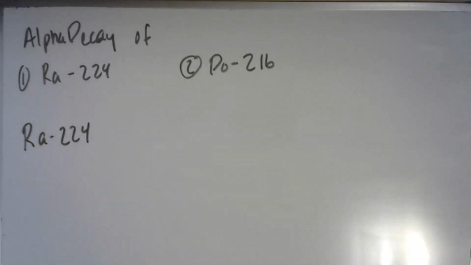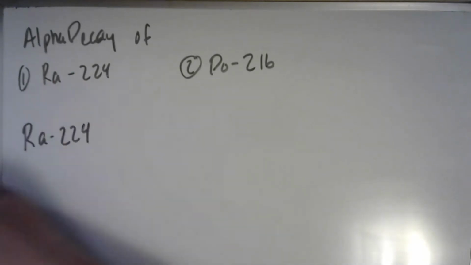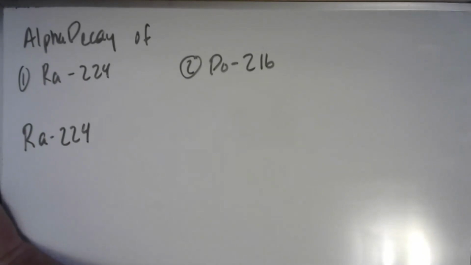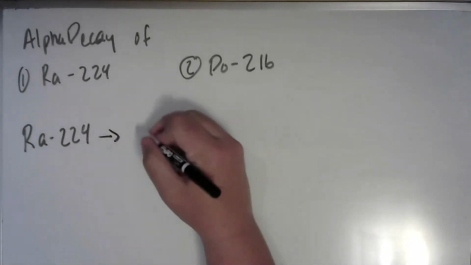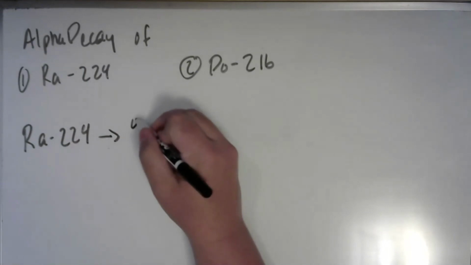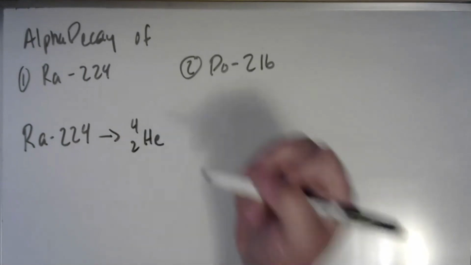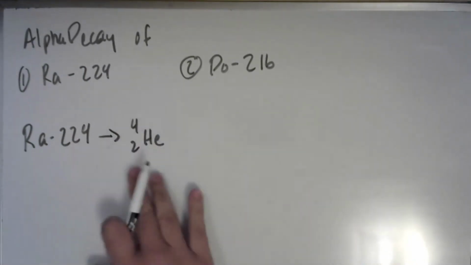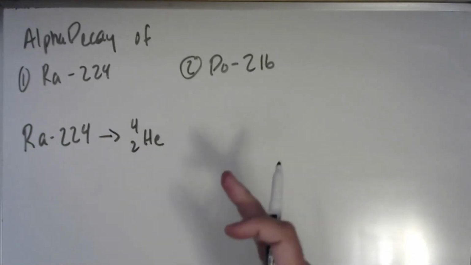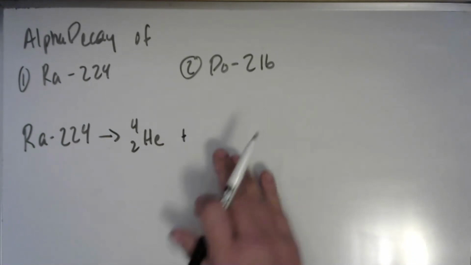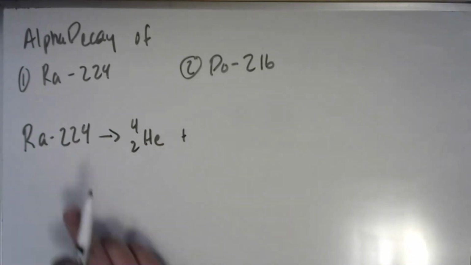Right. It's not radon, it's radium. So here we're going to have an alpha particle. Okay, I like to write the type of decay first because it helps me keep track numerically of what's going to be happening with my other particle.